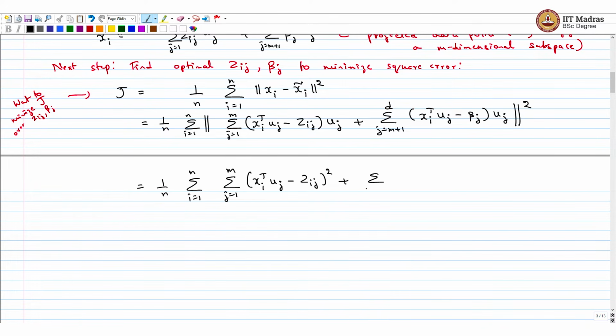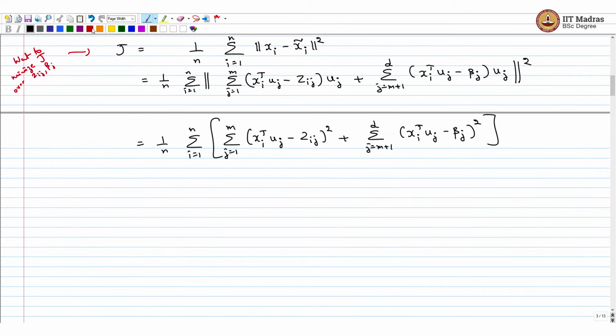Plus summation j equals m plus 1 to d, xi transpose uj minus beta j, whole square. So the question is why is this true?